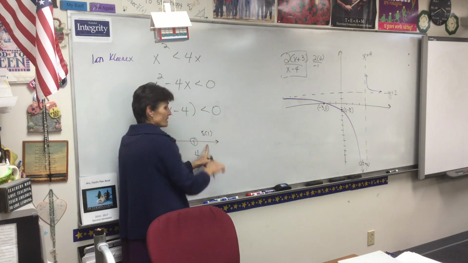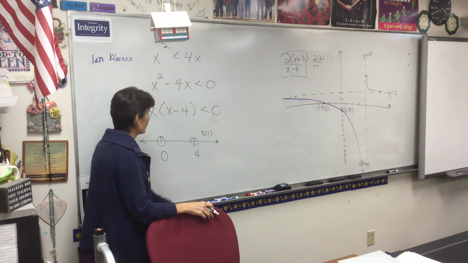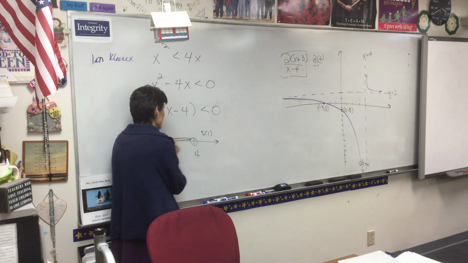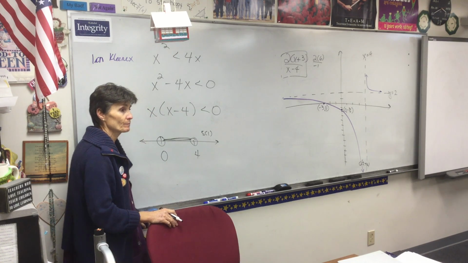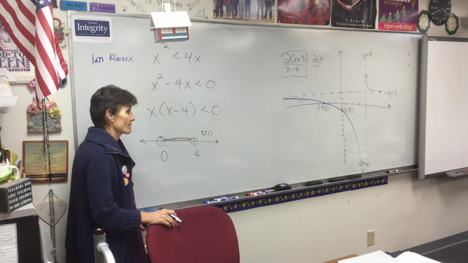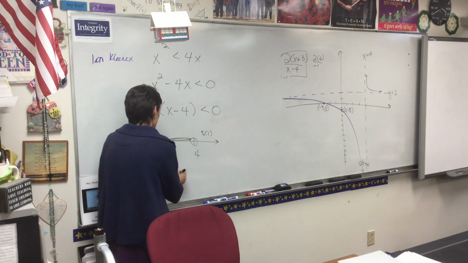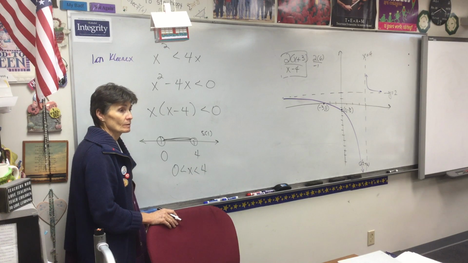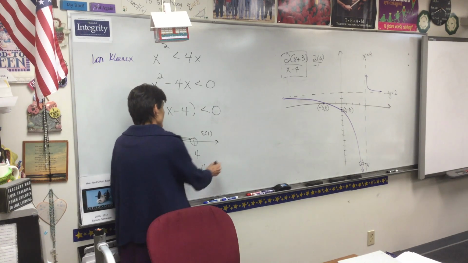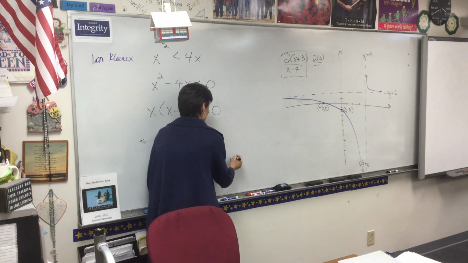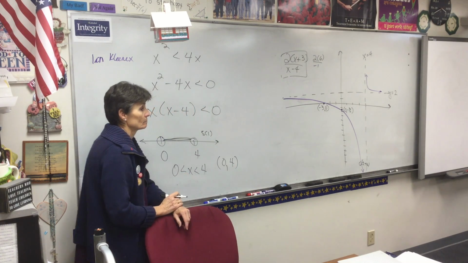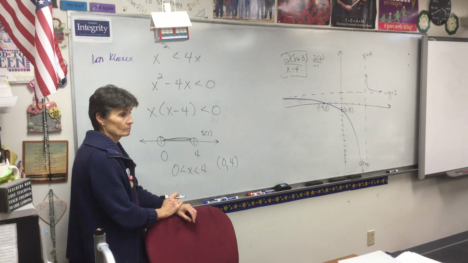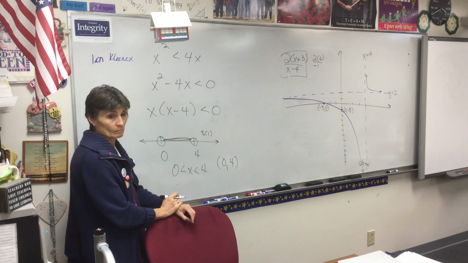Is 5 times 1 less than 0? No. So I don't shade that section, which means as I predicted, I'm going to be shading between. So my answer is everything between 0 and 4, or if you like interval notation, (0, 4). Is that easy?